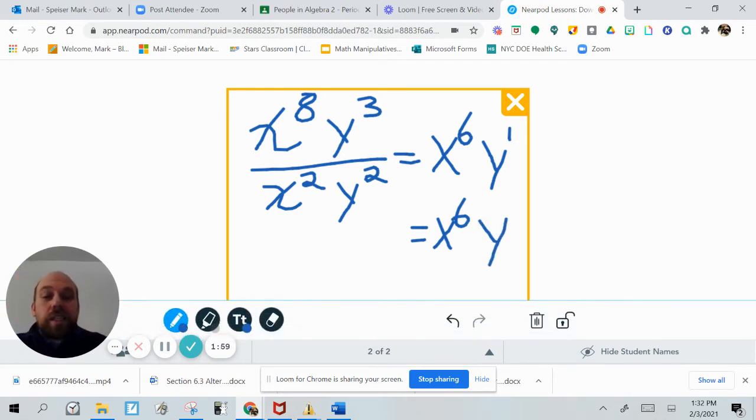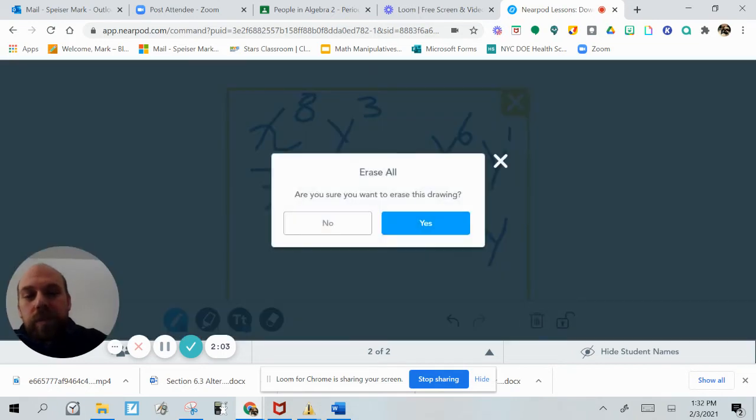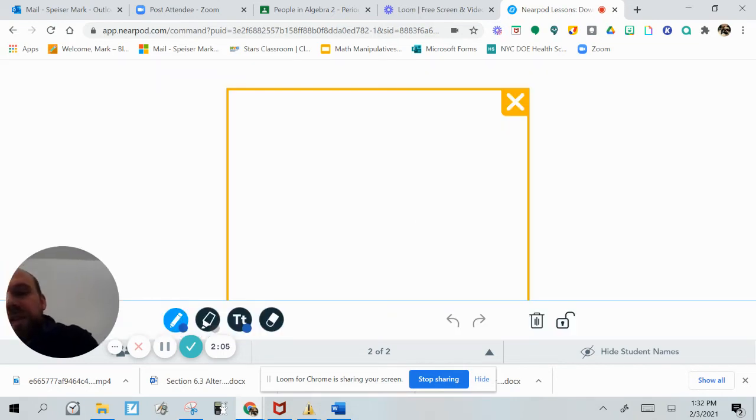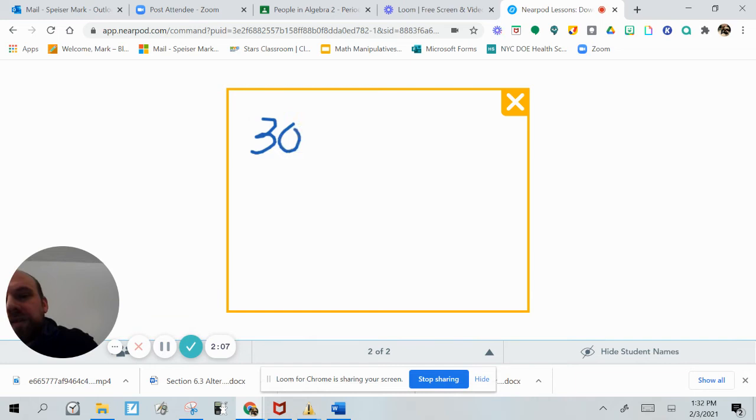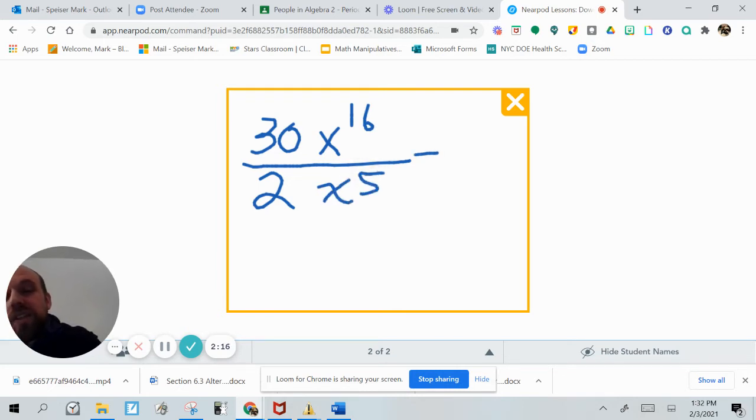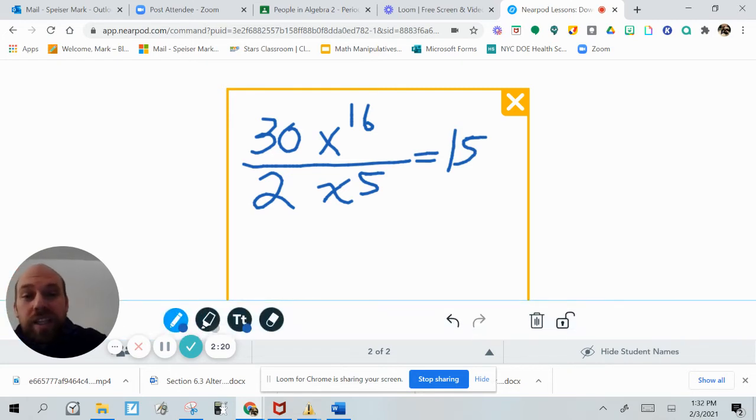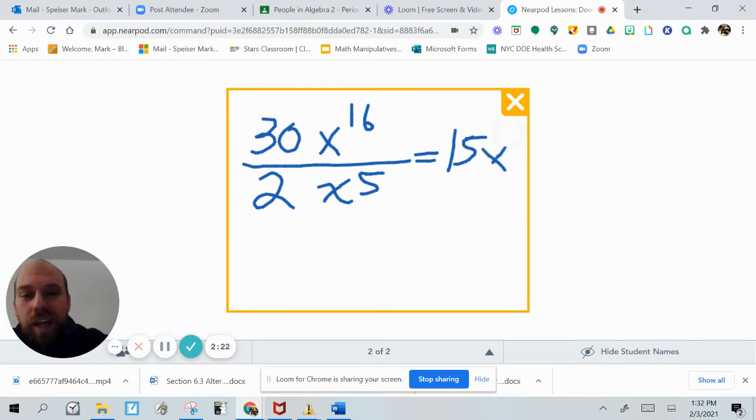So it's x to the 6th times y. Let's do another example. This one with a coefficient. So 30 divided by 2, x to the 16th over x to the 5th. So you do 30 divided by 2, you get 15. If you have a coefficient, then subtract the exponents. So 16 minus 5, 11.